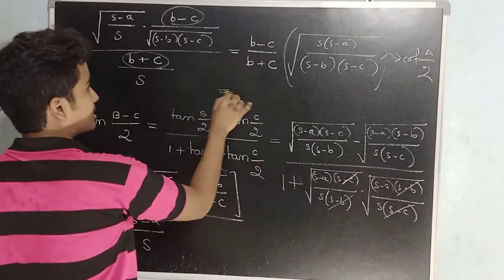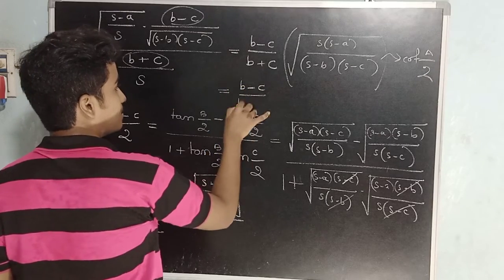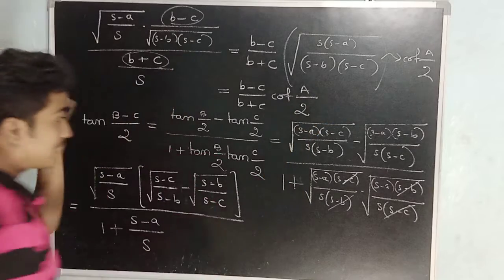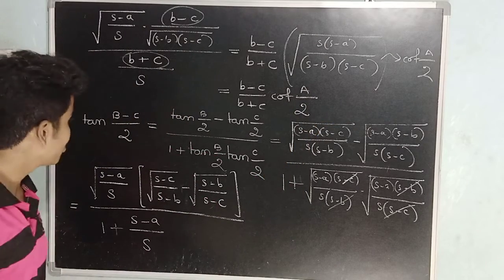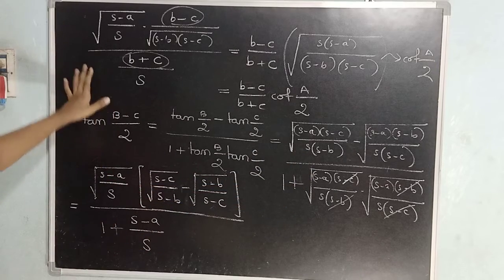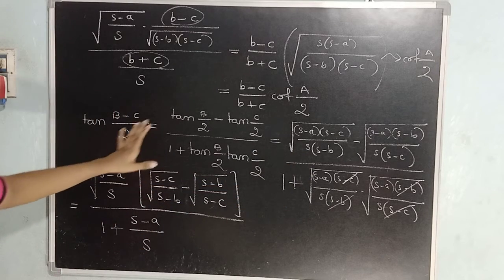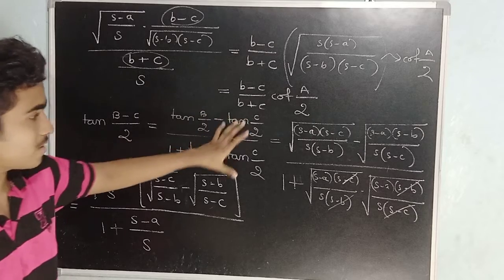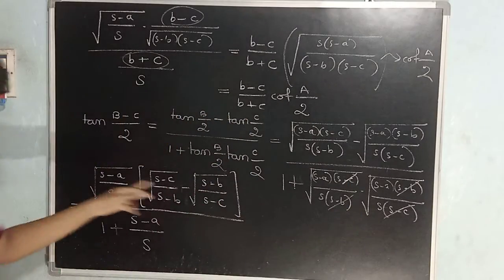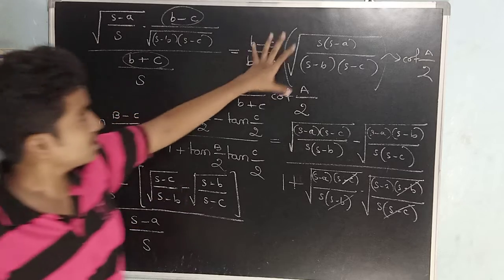It's nothing but b minus c by b plus c cot A by 2. Hence, we have proved tan b minus c by 2. For simplification, tan b minus c by 2 using the A minus B formula, we substituted the half angle formula and, further simplifying, we got this term.